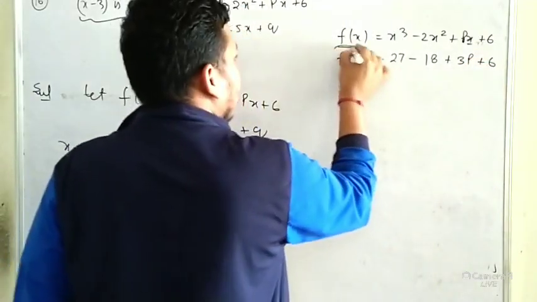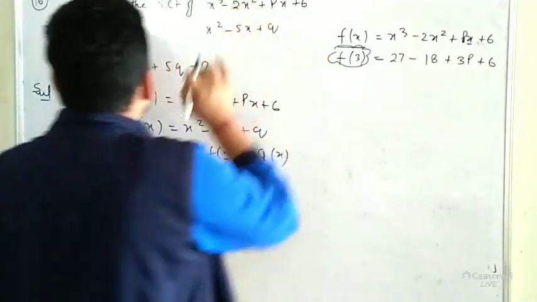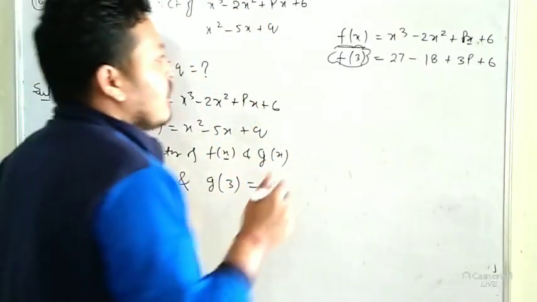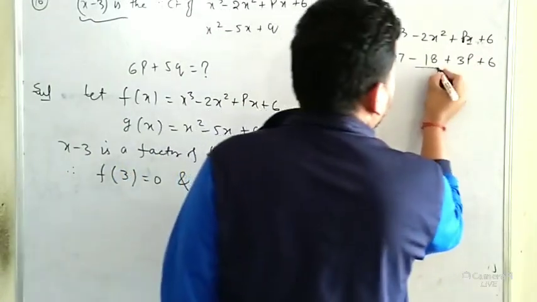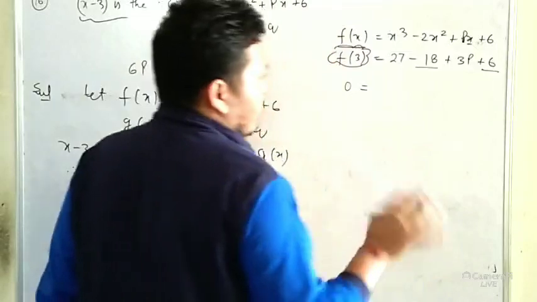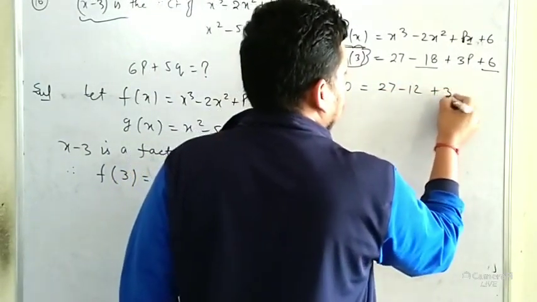What is the value of f(3)? It represents the remainder. The remainder is equal to 0 because x minus 3 is a factor here. So 0 is equal to minus 18 plus 6, which is minus 12. So 27 minus 12 plus 3p.